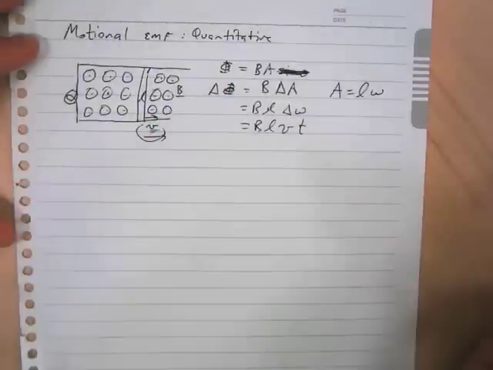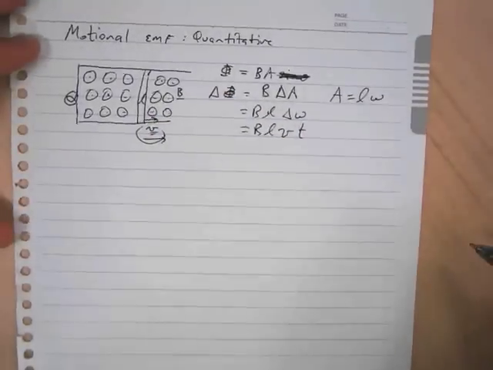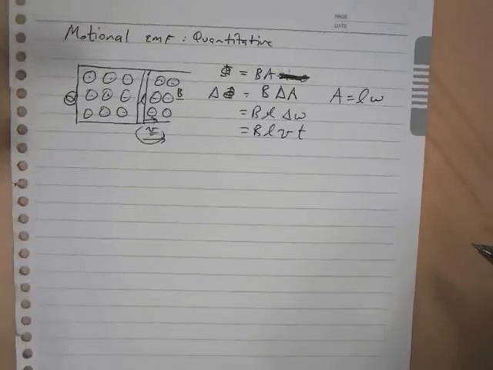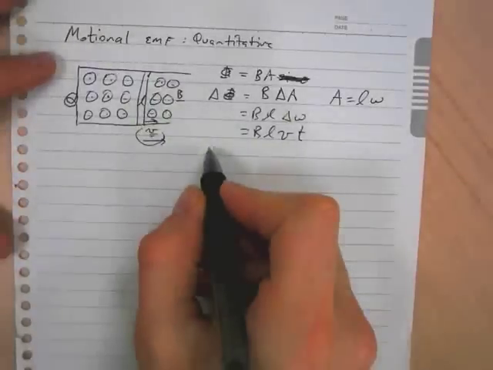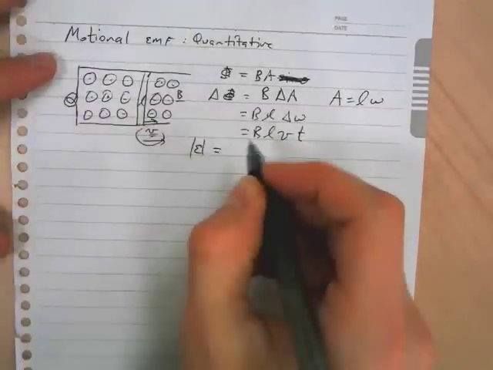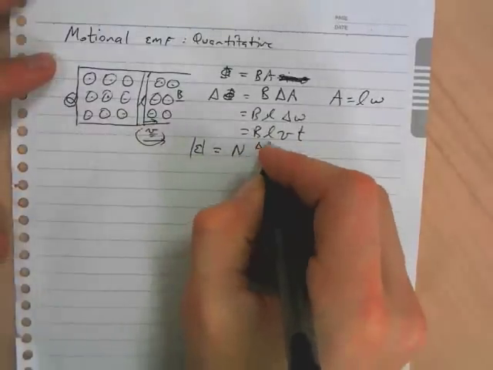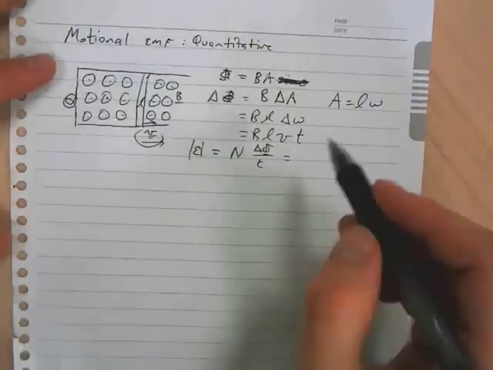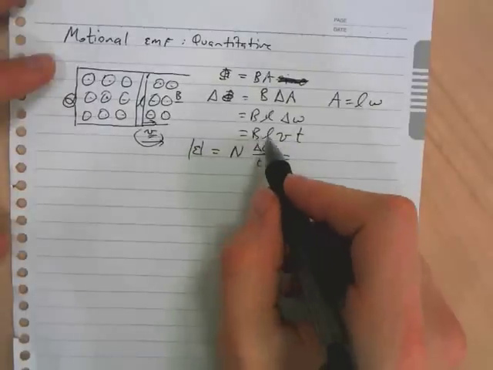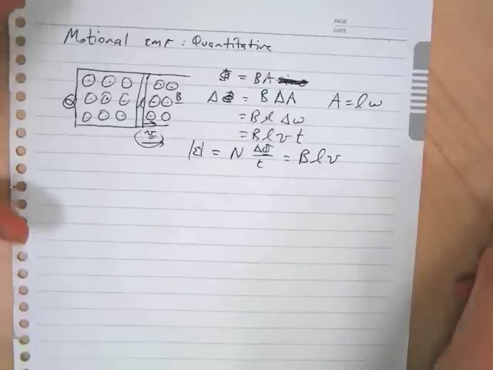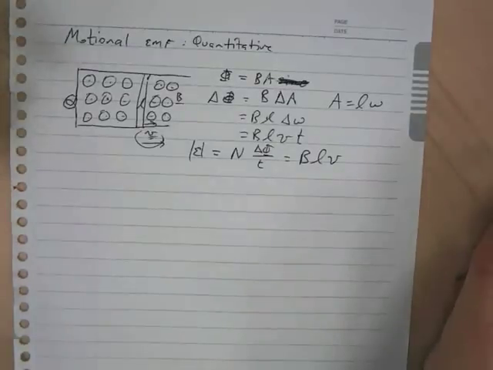This width here is changing as the rod moves over, and the rod covers a distance of v times t. So Faraday's law says that our EMF has a magnitude of N delta phi over t. N is 1 in this case, we just have one wire, and so we have BLvt over t. So the induced EMF is just BLv.